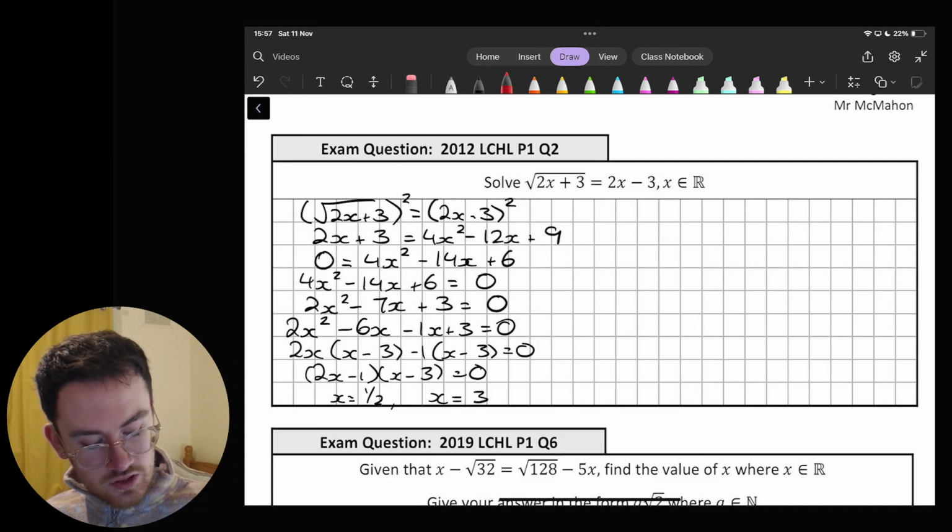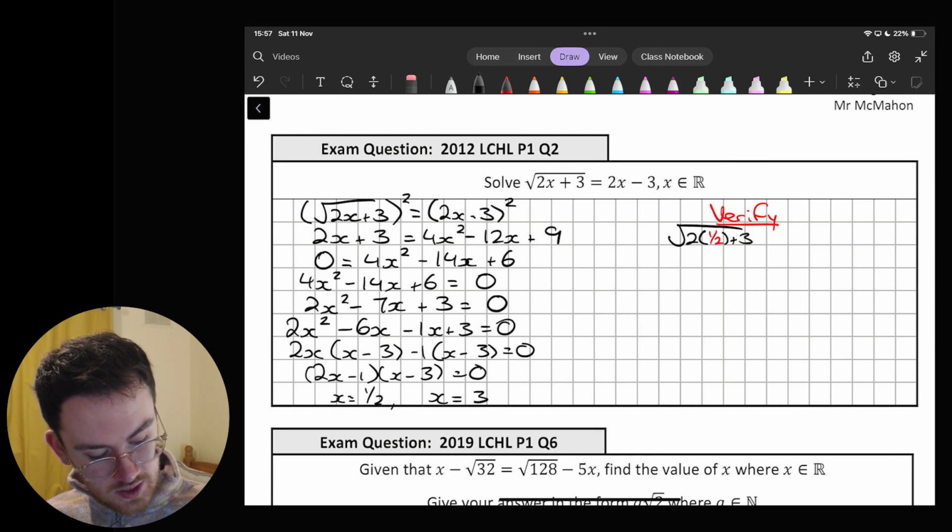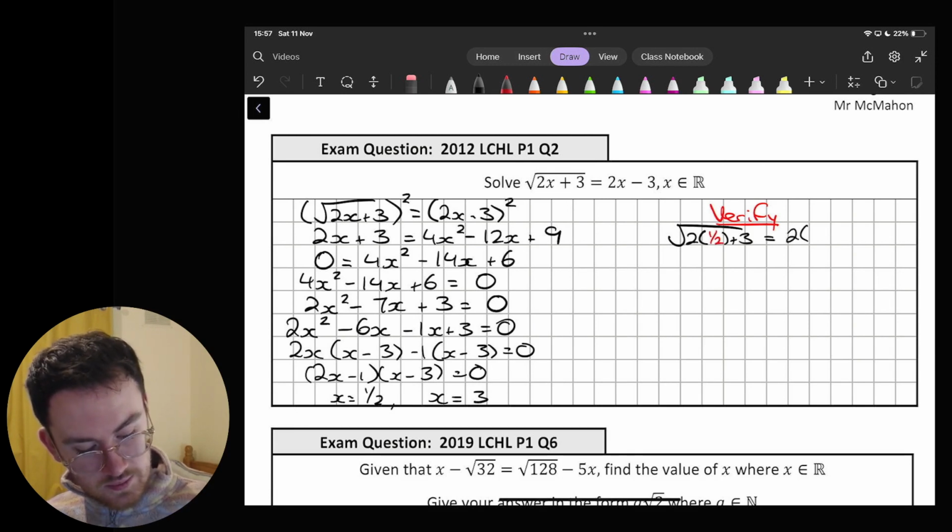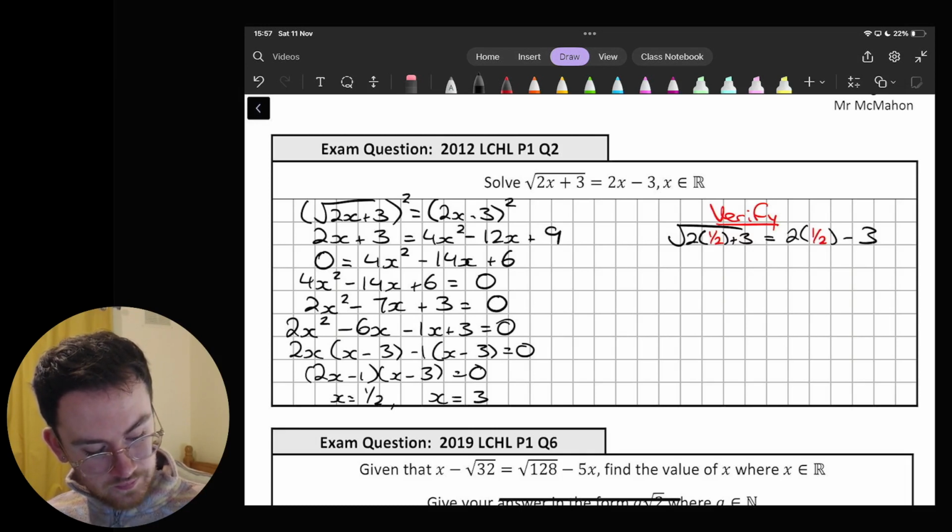Now that I've got my two solutions, I need to verify. So root 2 times a half plus 3 is equal to 2 times a half minus 3. So 1 plus 3, is that equal to 1 minus 3? Is root 4 equal to minus 2?